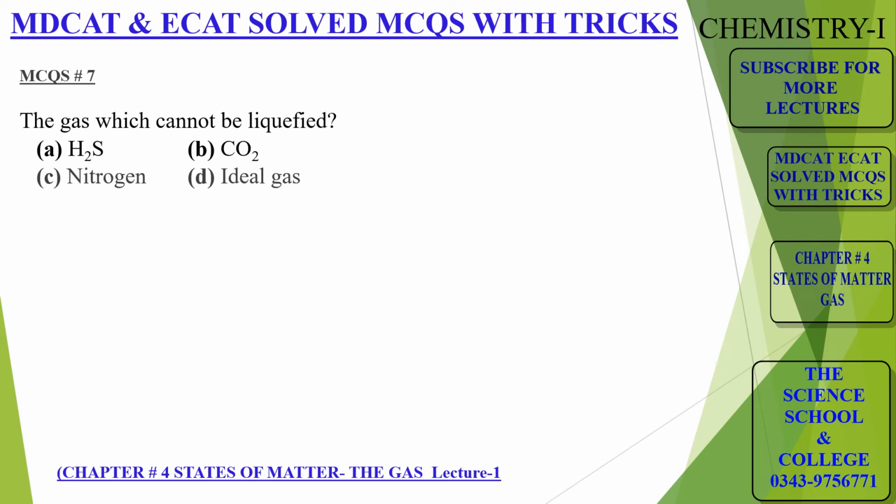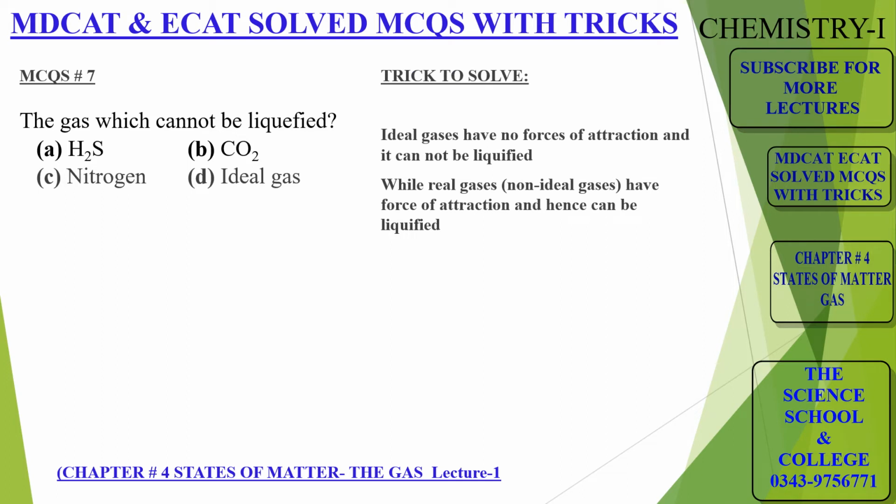MCQ number 7: the gas which cannot be liquefied. Option A is H2S, option B is CO2, option C is nitrogen, and option D is ideal gas.